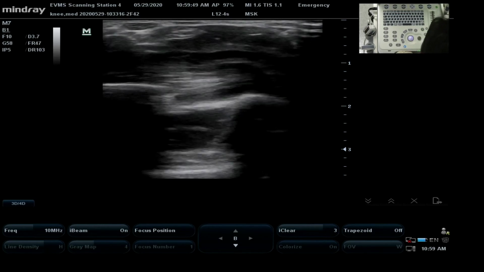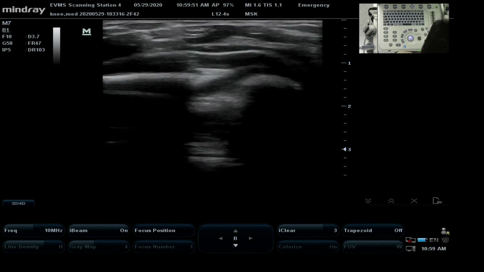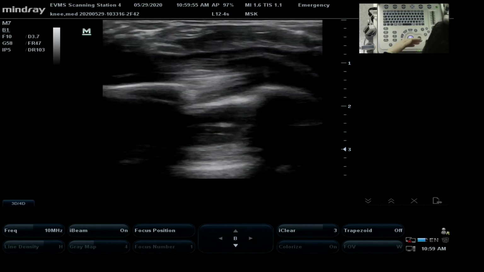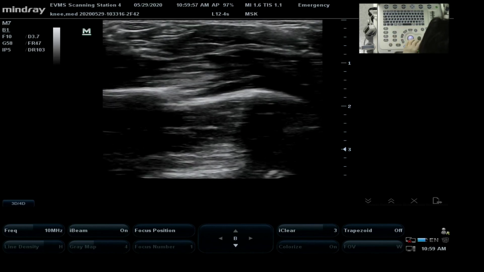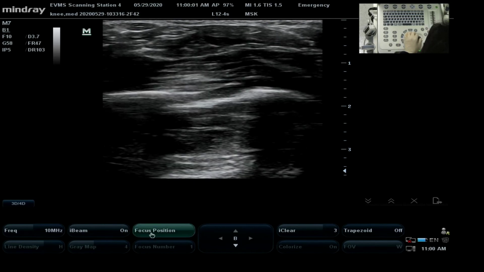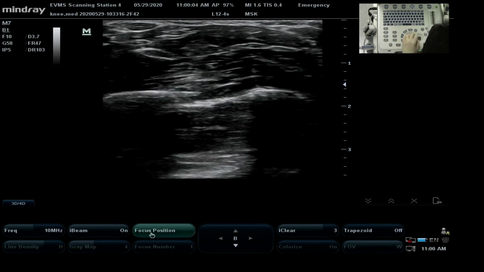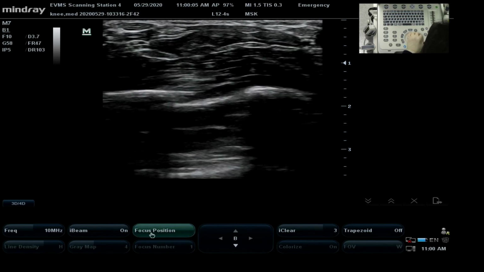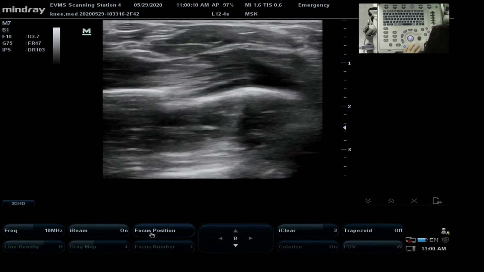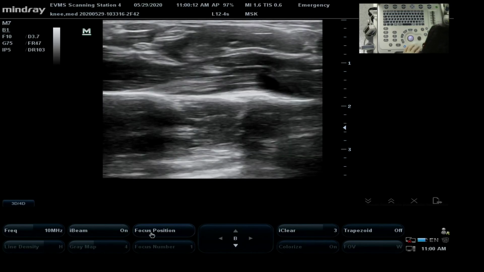Now, I'm just going to run up and down this patient's arm a little bit, just so you can see how it seems like there is continuous movement. Notice that we only have one focal zone. Now, I'm going to move this up just a little bit higher so we can see where it is. Turn up our gains. There. And now you have this perception of movement as I move up and down her arm.